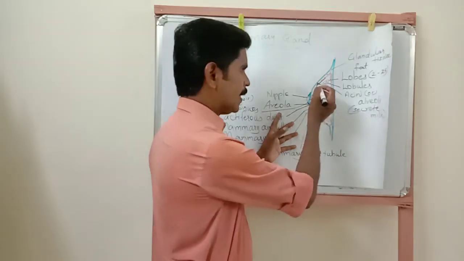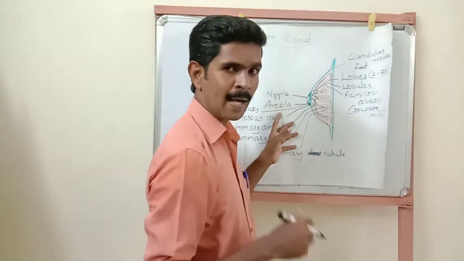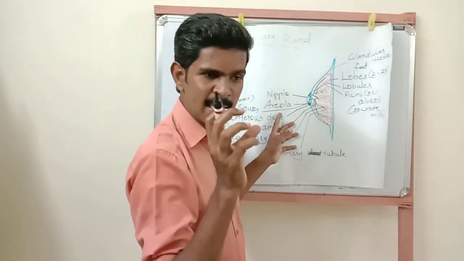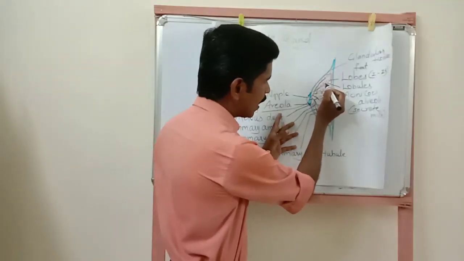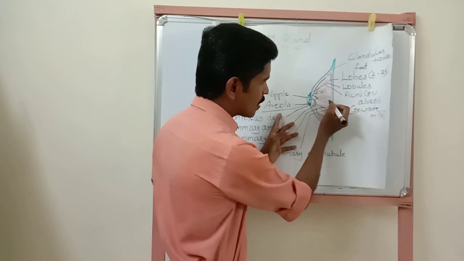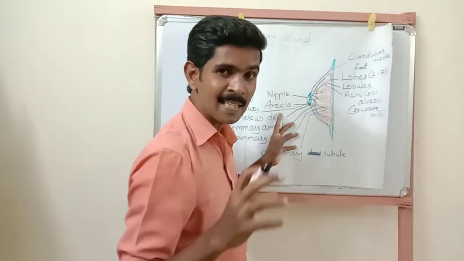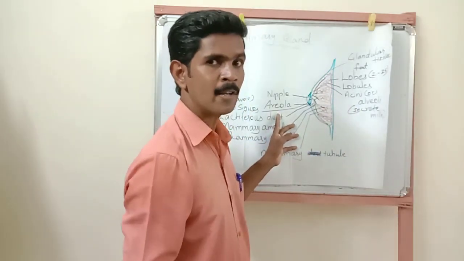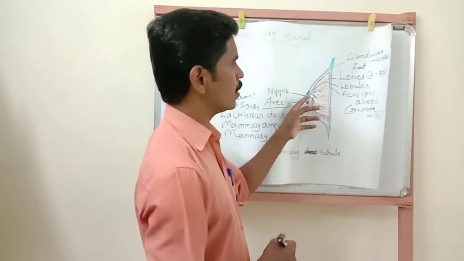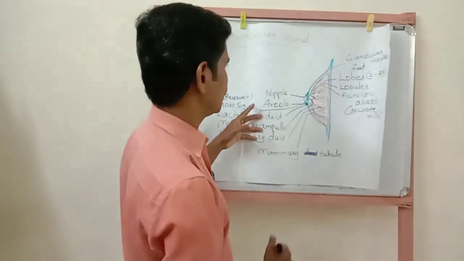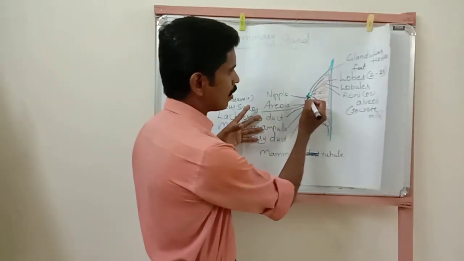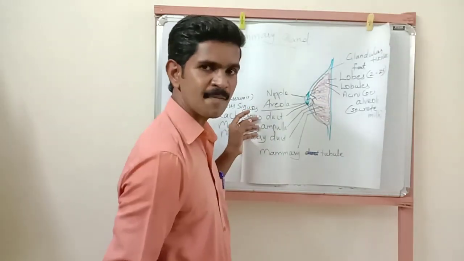Then each and every lobe is again divided into many small lobules. Just imagine this is one lobule, second, third, fourth, this is the lobule, this is the lobule, like that. Each and every lobe is again divided into many small lobules. Understand? Then in the center region of the mammary gland, a small swelling is there.